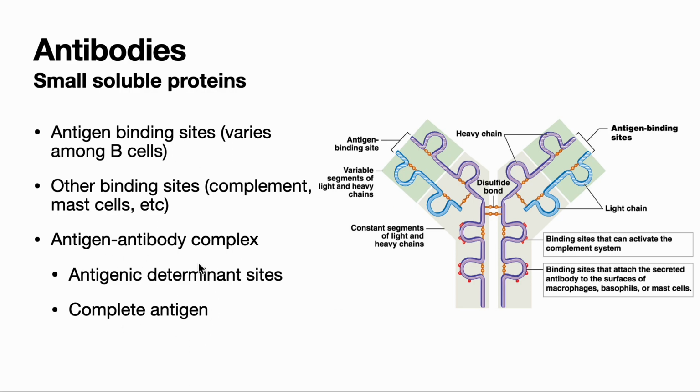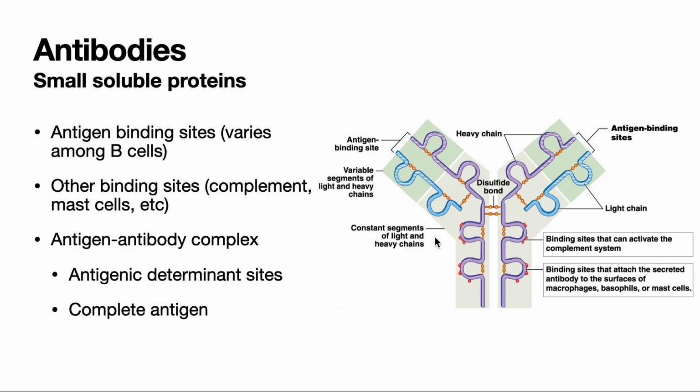Also important to note that antibodies have two binding sites. When an antigen binds to both parts of the antibody, each of these areas is a determinate site, and so when it's bound to both, we say it's a complete antigen, and when the antigen is bound to the antibody, we call that an antigen-antibody complex.